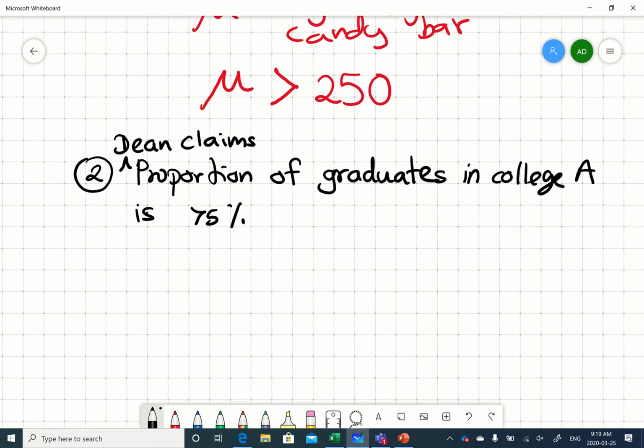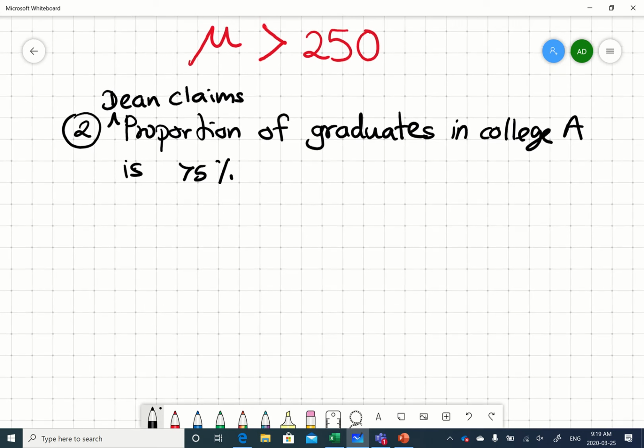So the dean claims this for a certain college, because colleges often do this kind of advertising, right? They want to recruit more and more students into their college. So they claim we have a higher graduating rate, we have a higher employment rate. When you look into colleges' websites, you will always see these kinds of numbers, right?